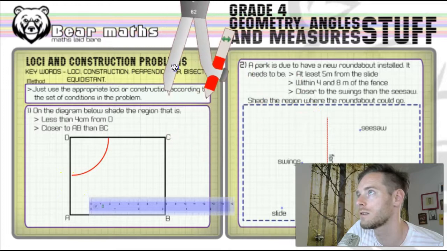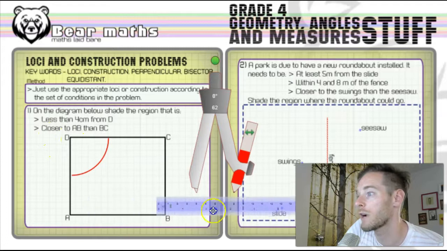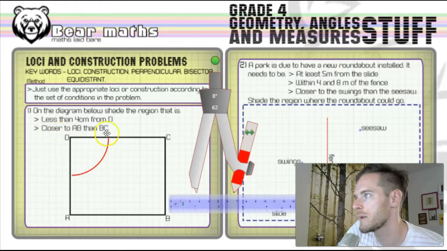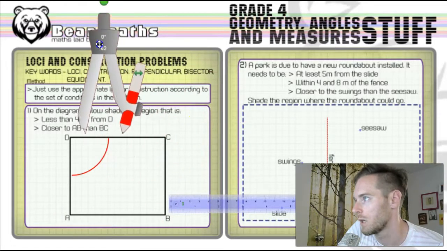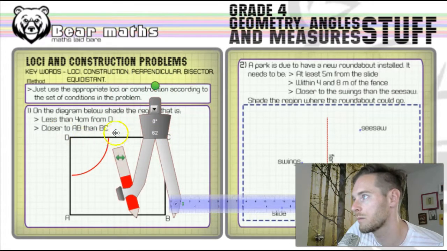Now, for the second one I need an angle bisector, because I know that AB and BC are straight lines, and I need to find an equal distance between those two straight lines. So I need to split them in half, bisect them. I'm going to flip that around. B is the point that's in common between these two lines.